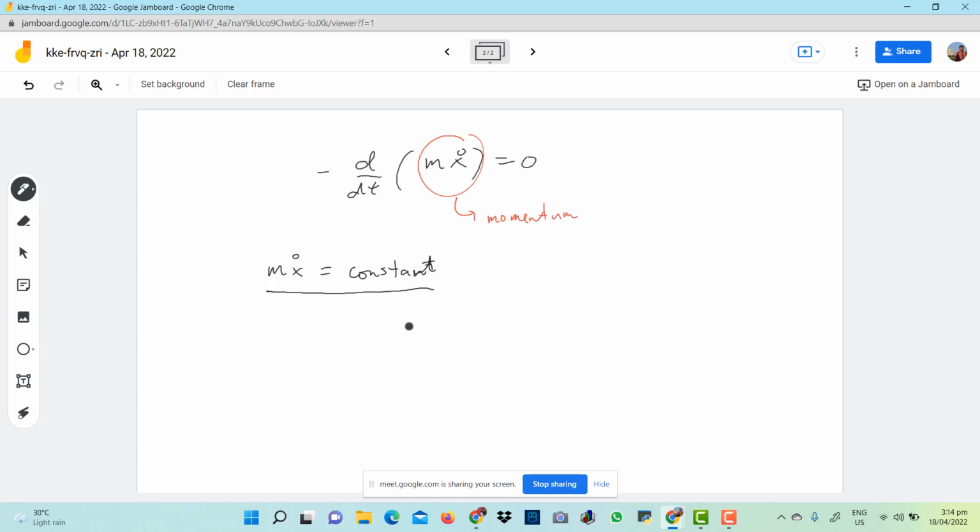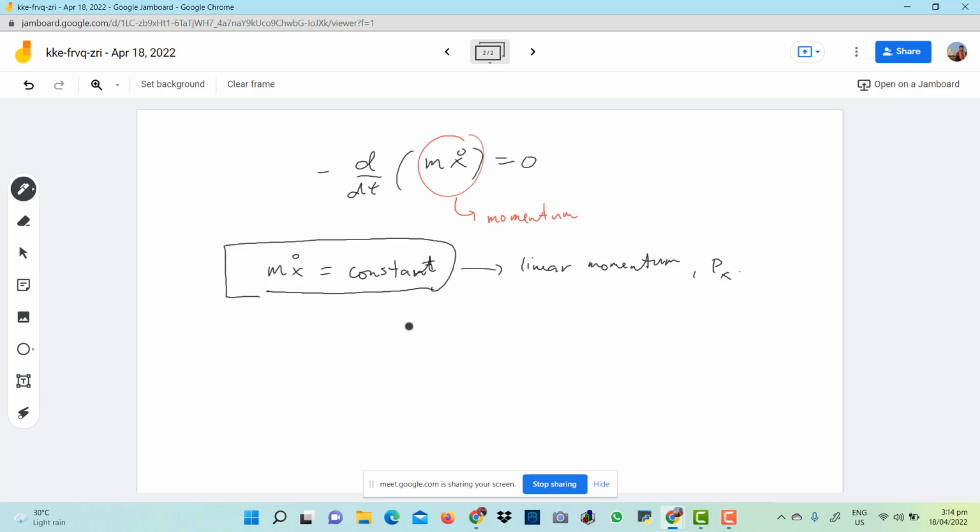But for a free particle, the momentum is constant, as we derive it from the Lagrange equation of motion. Okay, so we call this one the linear momentum p x. Again, for a free particle, the linear momentum is constant.